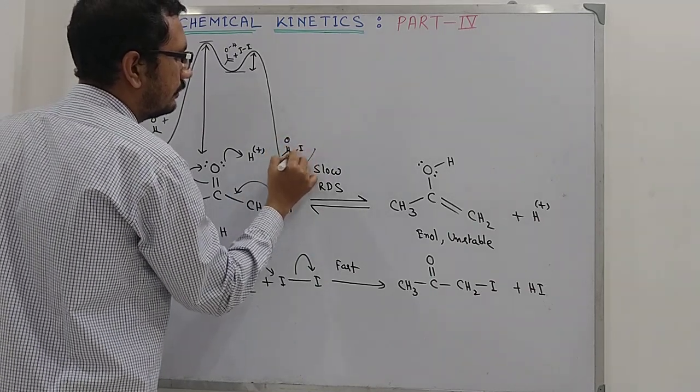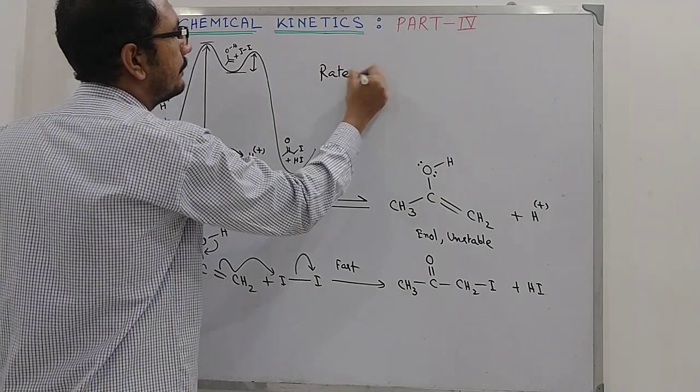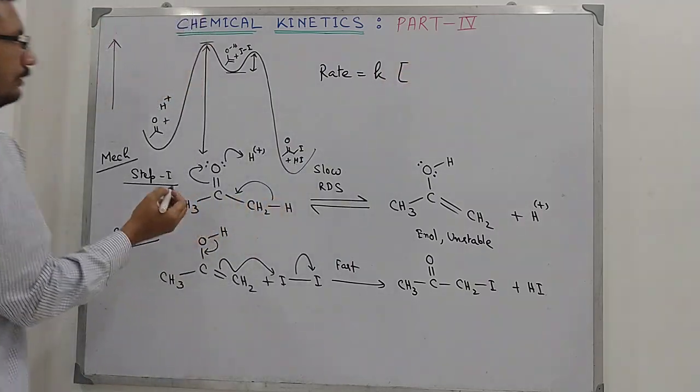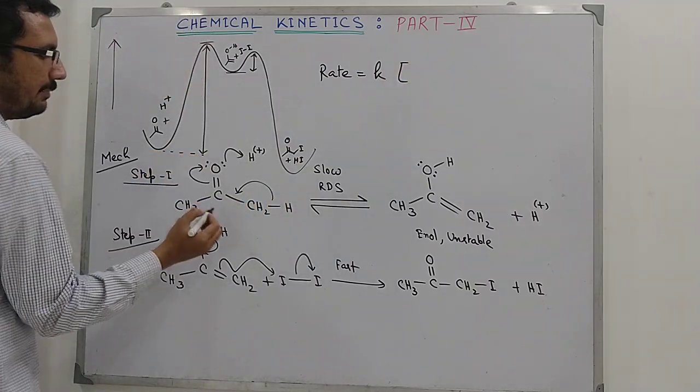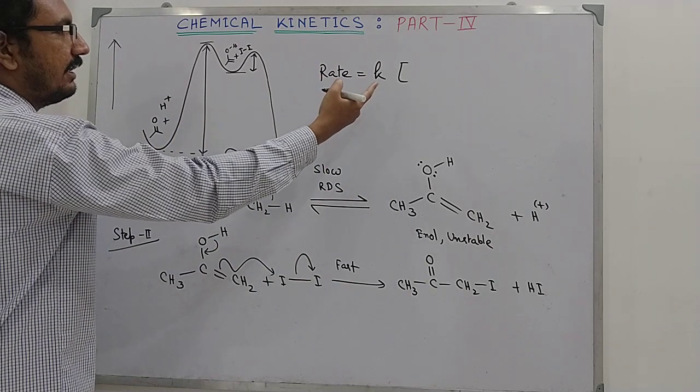So we have in the rate equation, rate equal to rate constant multiplied by... Those reactants which are appearing in the rate determining step will have their contribution in the rate equation.